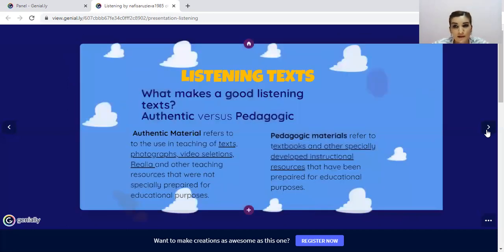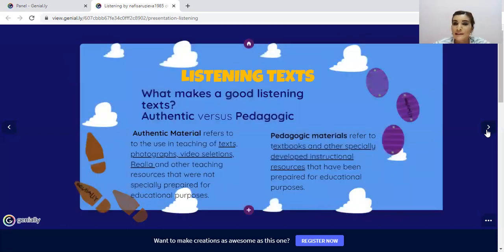The next one is listening texts. What kind of text could we use for our listening activities? The first one, authentic material, and the second one, pedagogic material. So what is authentic material? Authentic material refers to the use in teaching of texts, photographs, video selections, realia, and other teaching resources that were not specially prepared for educational purposes.